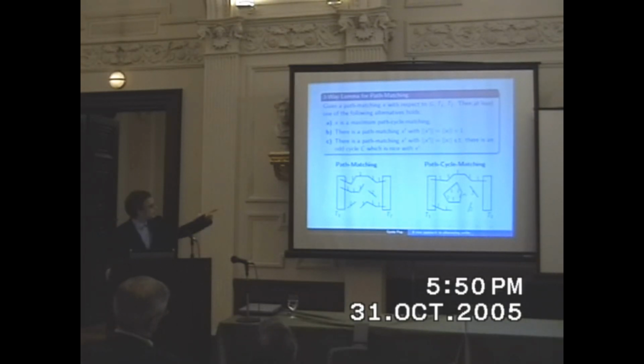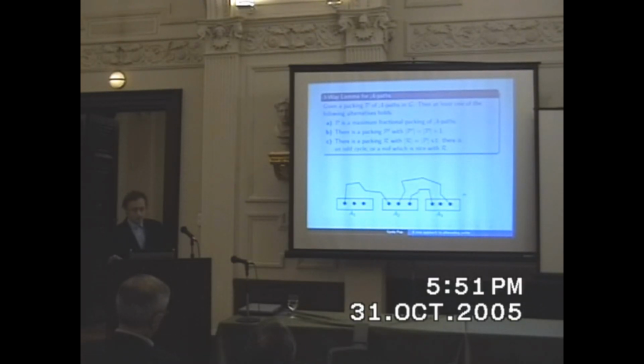Here the path cycle matching problem is a nice relaxation, since it reduces to bipartite matching. This is how I check case A. I won't tell you the proof. This three-way lemma has a direct, easy proof.